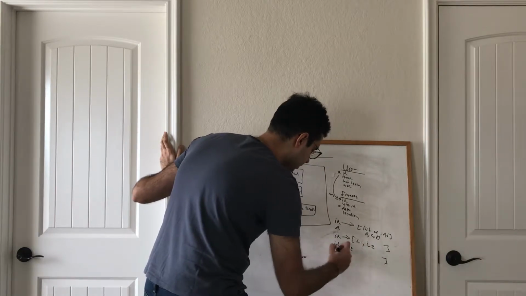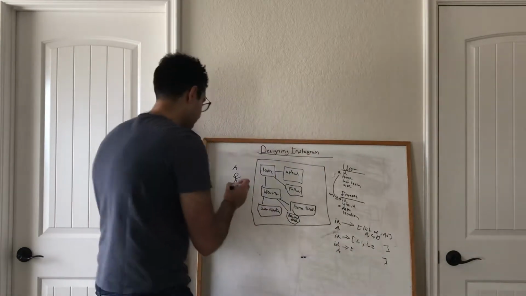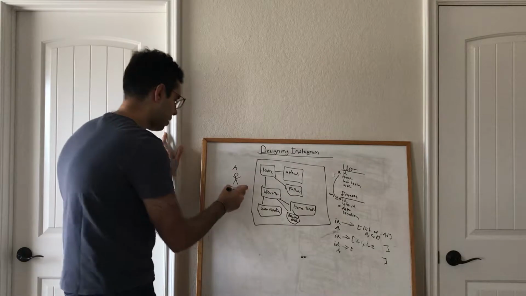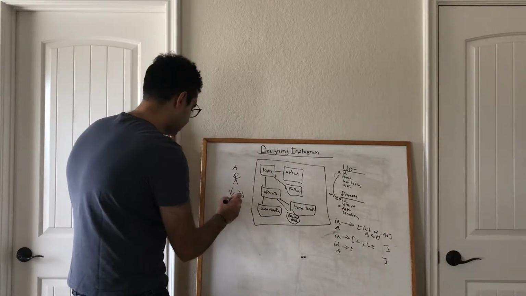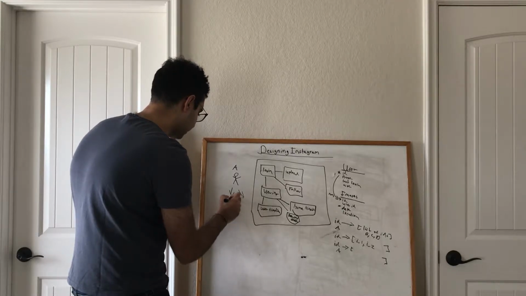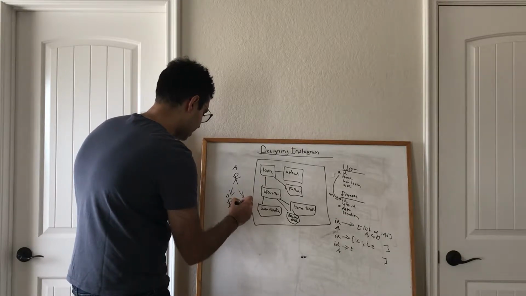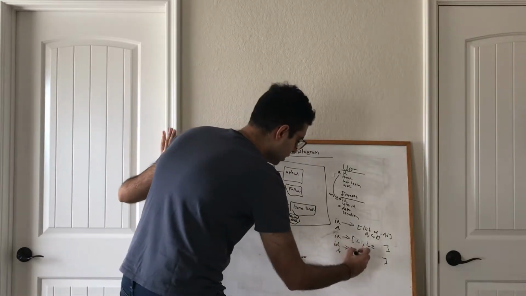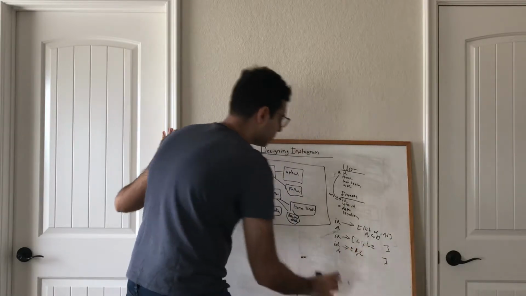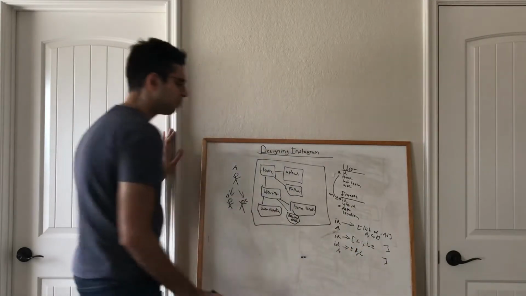So this would be A, and we can represent relationships downward. A follows, for example, B. So we have user B, we have user C here. We can say A follows B and A follows C.